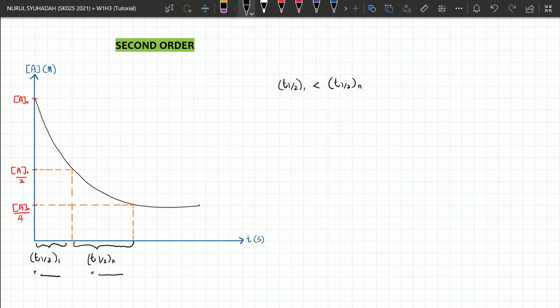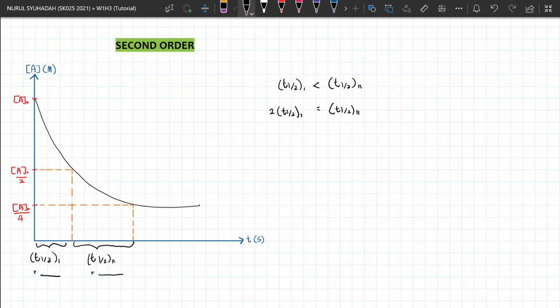So the condition for it to be a second order is that, since the second half-life is bigger, its value needs to be at least twice the value of the first half-life. Then we can consider it as a second order reaction.